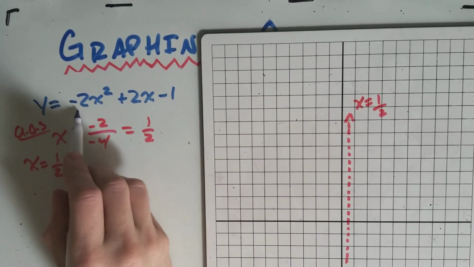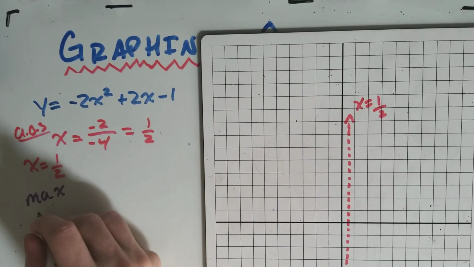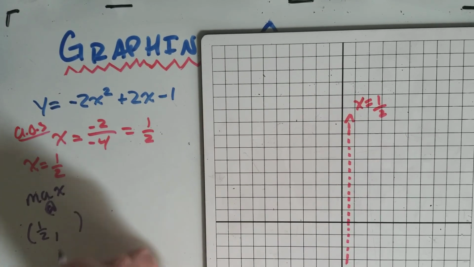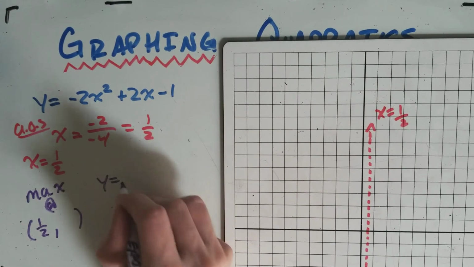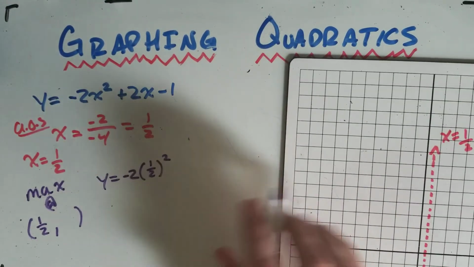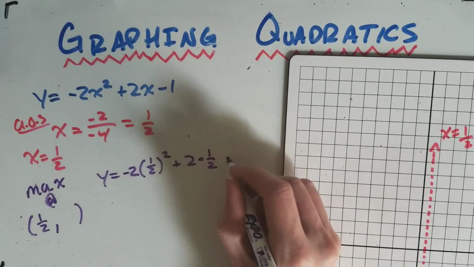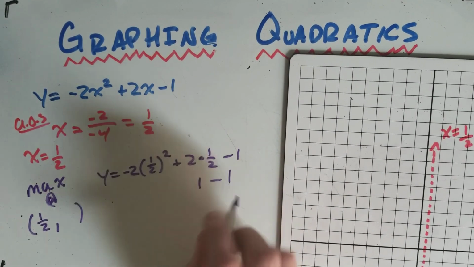Now let's go ahead and find our vertex. We open downward, so we're going to have a max at 1/2. We need to find the y value. So to find the y value, let's go ahead and substitute in. Y equals -2 times 1/2 squared plus 2 times 1/2 minus 1. 2 times 1/2 is 1 minus 1.